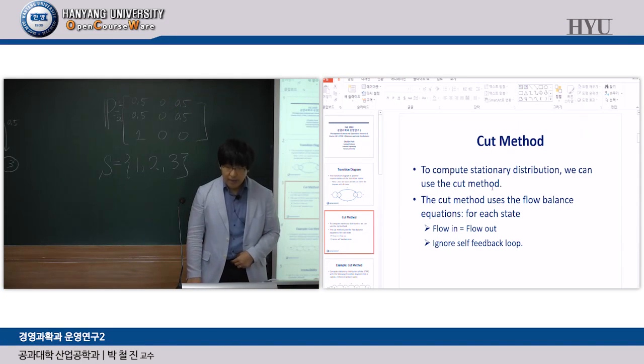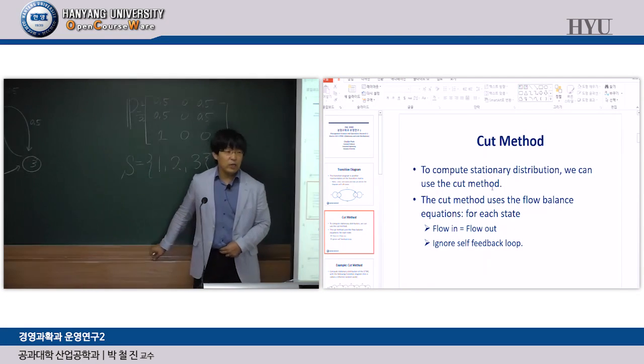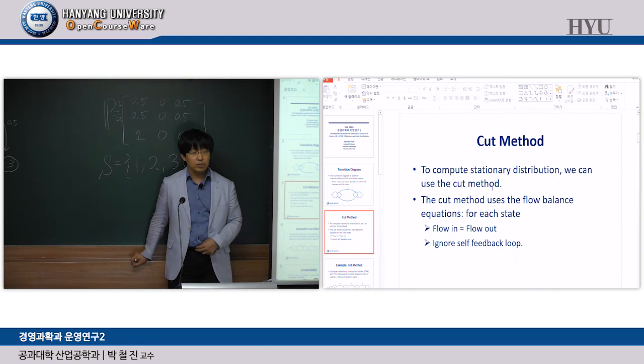The cut method is another way to figure out the stationary distribution. Last class we discussed the definition of the stationary distribution and how to find it along with the definition, by solving a system of linear equations.